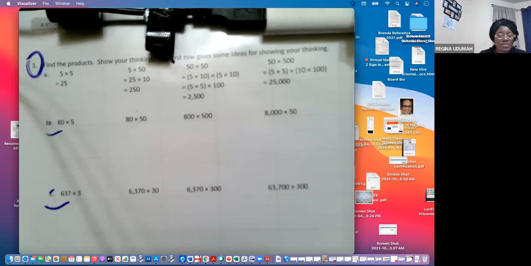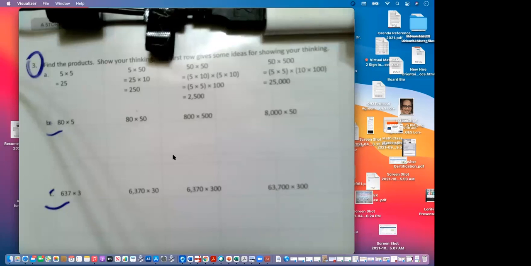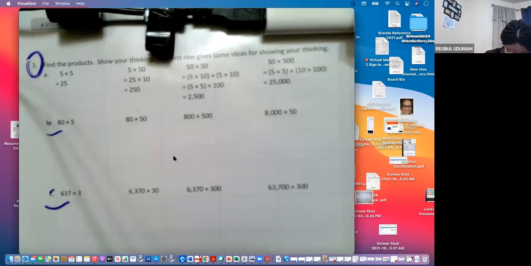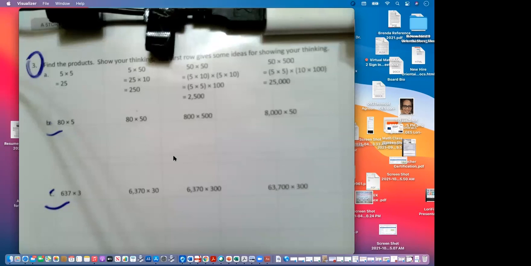What page is this one? That's page 25. So page 23 and page 25, the exit ticket. I just put it in the chat.